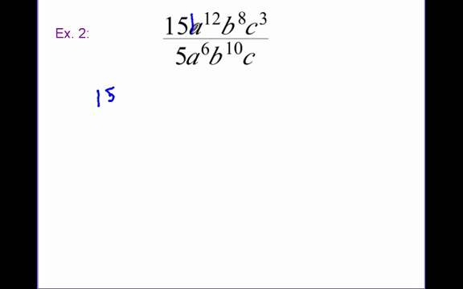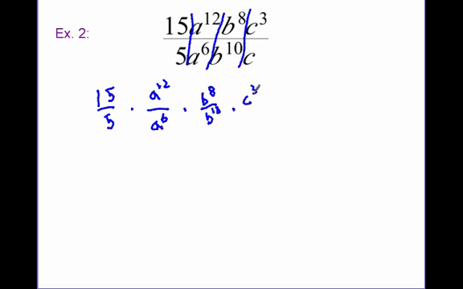I'm going to put these all into separate fractions, and it's going to make my life way easier. So I've got 15 over 5 times a to the 12th over a to the 6th times b to the 8th over b to the 10th times c cubed over c.